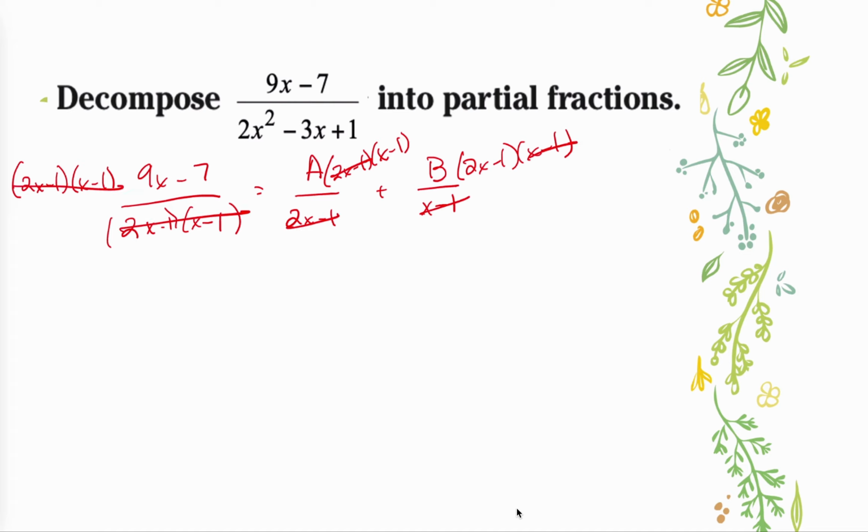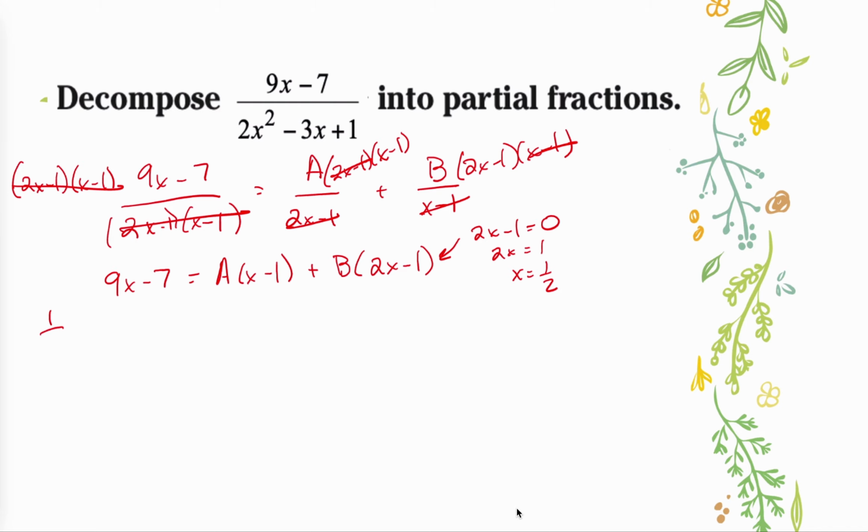That cancels. And this is going to be 9x minus 7 equals a times x minus 1 plus b times 2x minus 1. We want this to be equal to 0. So that means that 2x equals 1, which means that x equals 1/2.